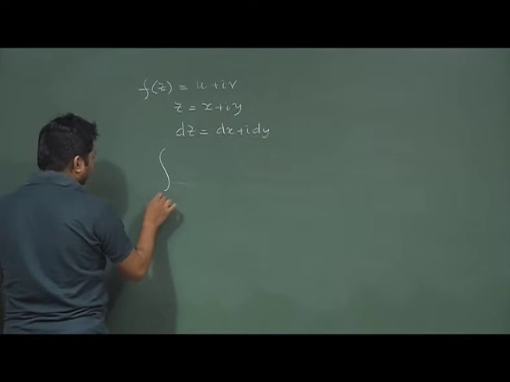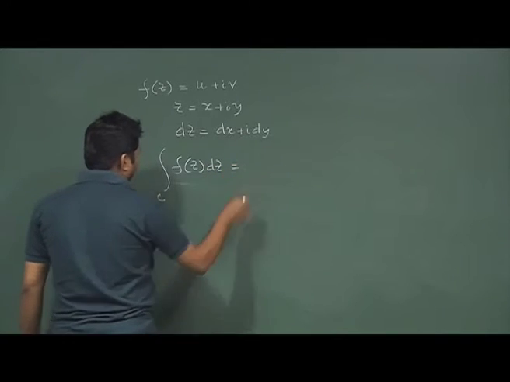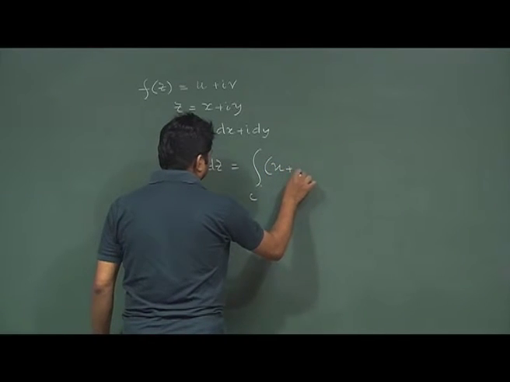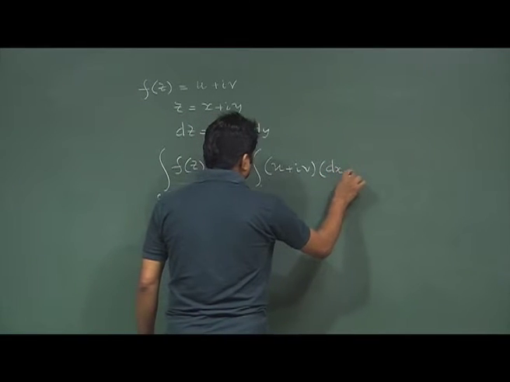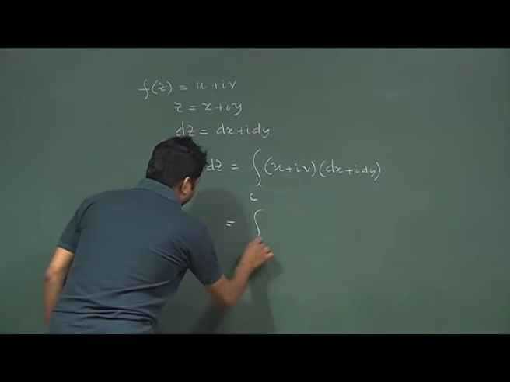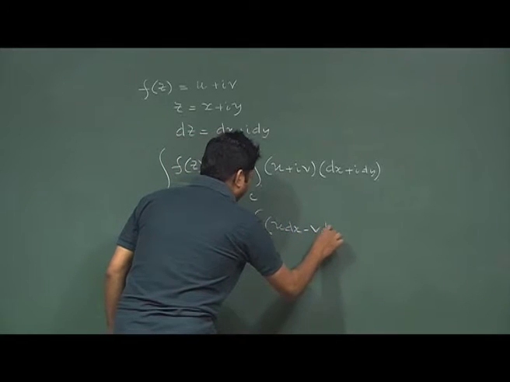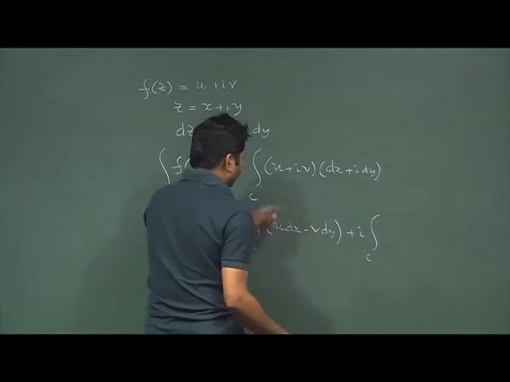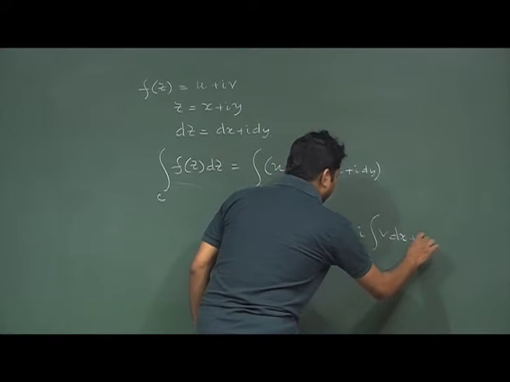Whatever integration is given to me in the form f(z) dz, it will be this line integration, f(z) is u plus iv and it is dx plus i dy. I will have the integration of u dx minus v dy plus i times the integration of v dx plus u dy.